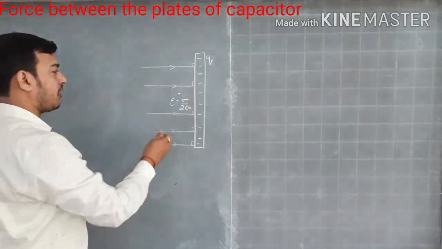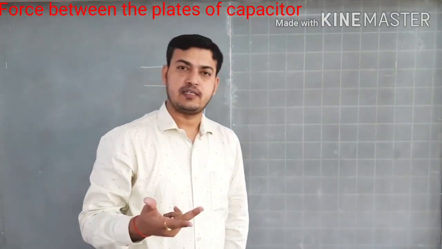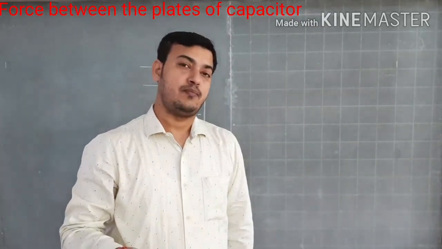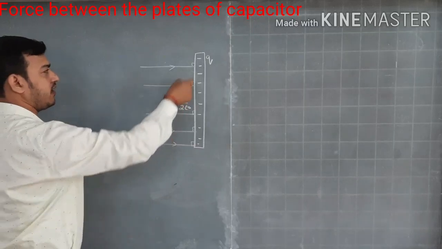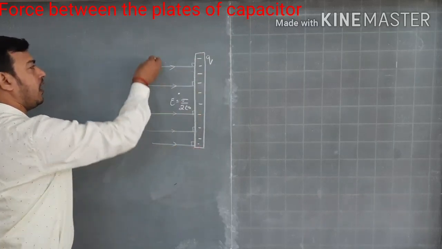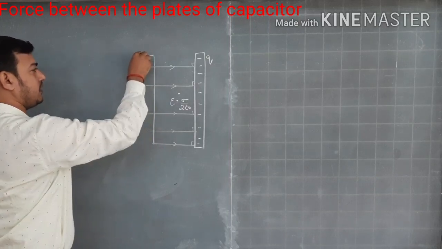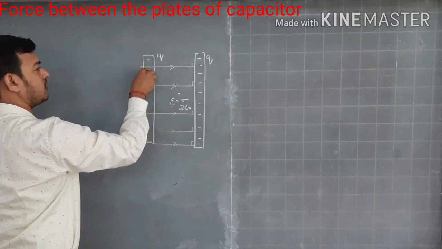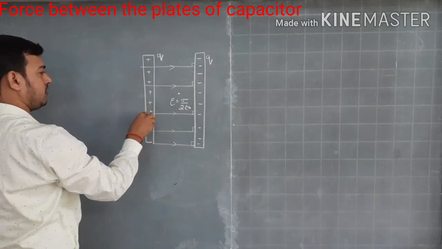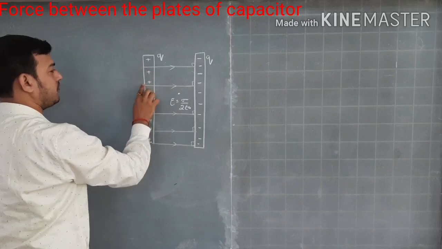Now, to make a capacitor, we know that we need two plates with equal and opposite charges. So, if I wanted to manufacture a parallel plate capacitor, I will place a plate that has plus Q charge on it.